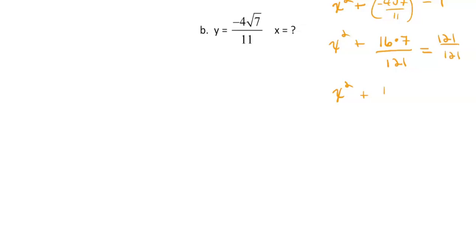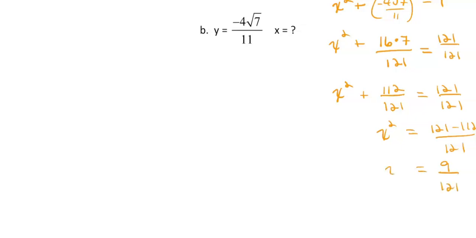So this is 112 over 121. Now my goal is to get x by itself. So x squared is going to be 121 minus 112 over 121. So 121 minus 112 is going to give me 9. 9 over 121 is x squared.